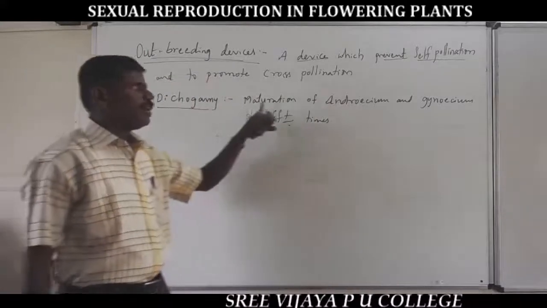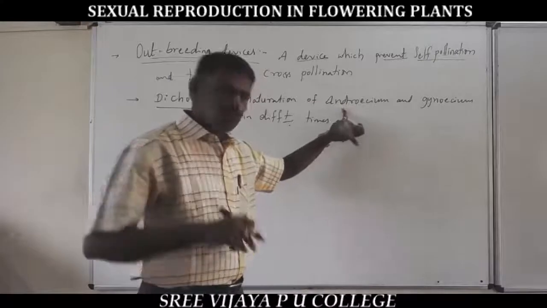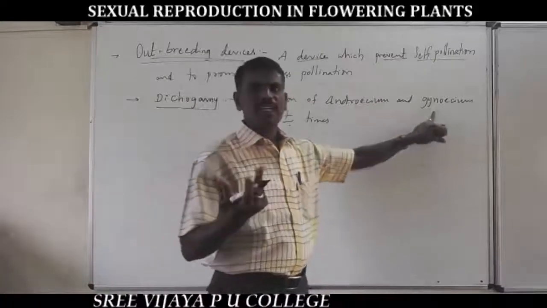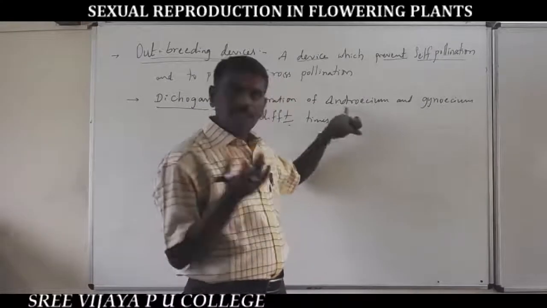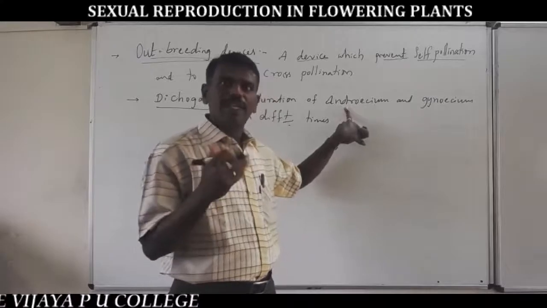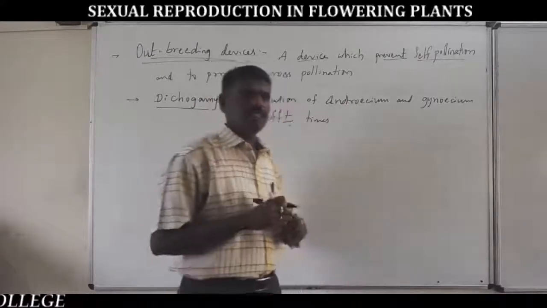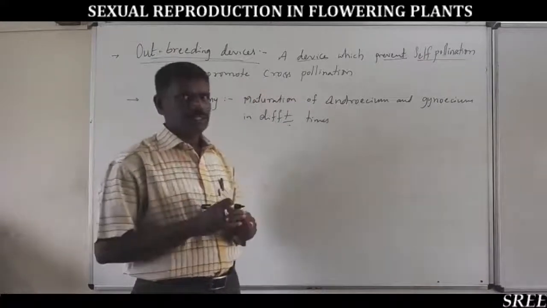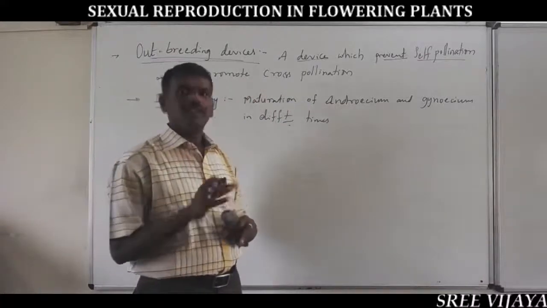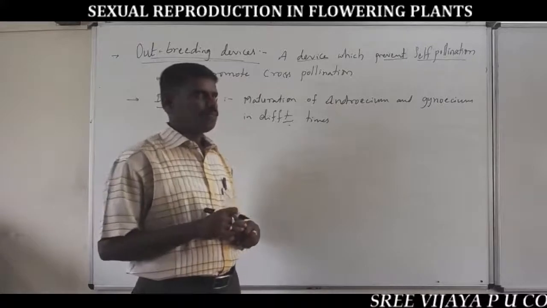Here, if the androecium matures but the gynoecium is not matured, they need pollen grains from the gynoecium of another flower. So they prevent self-pollination and promote cross-pollination.